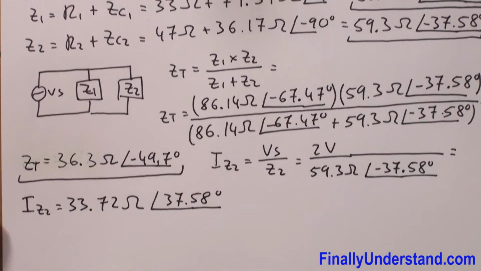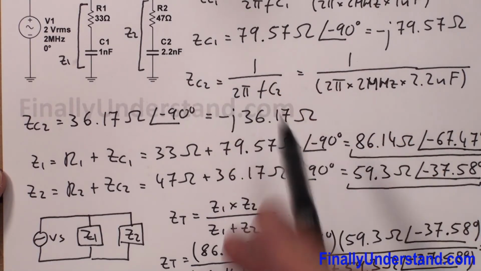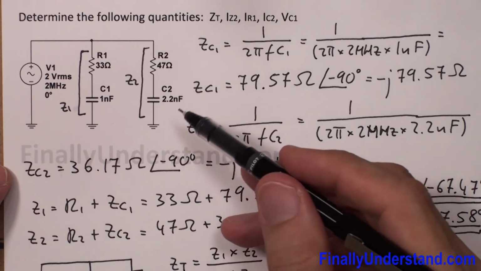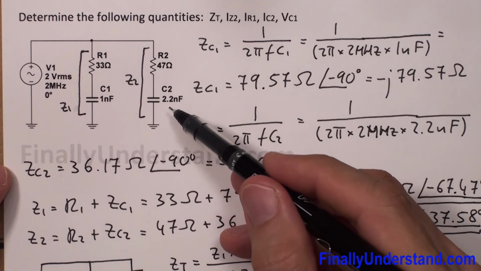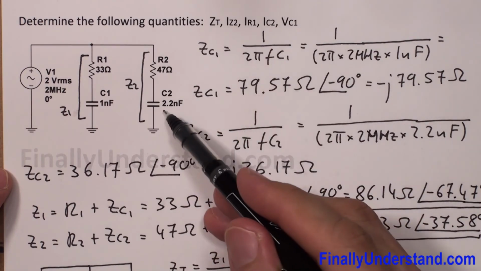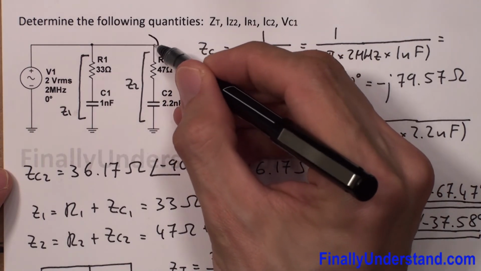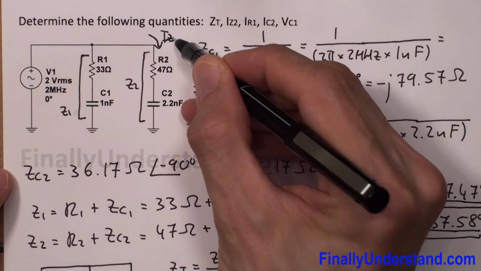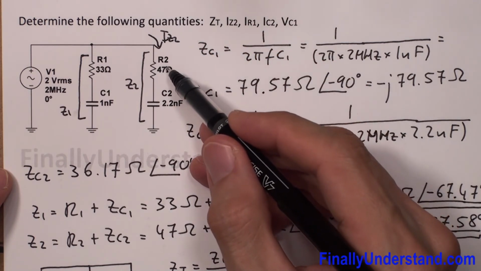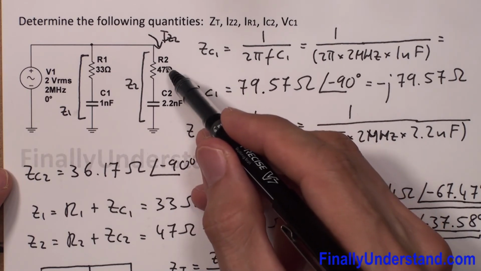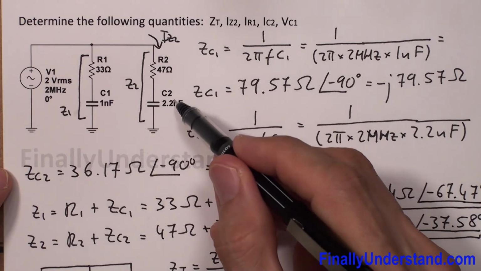Now please notice that in impedance Z2 we have capacitor C2. Why I'm mentioning capacitor C2? Because we have to find also the current which goes through this capacitor. So please realize that the current IZ2, okay, is equal to the current which goes through resistor R2, and this is also current which will go through the capacitor C2.